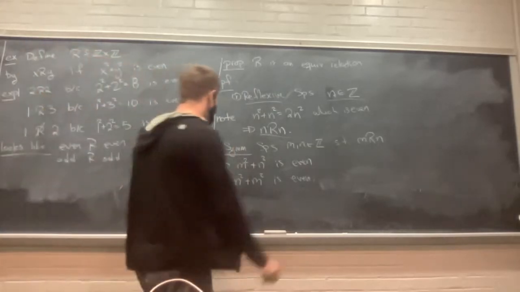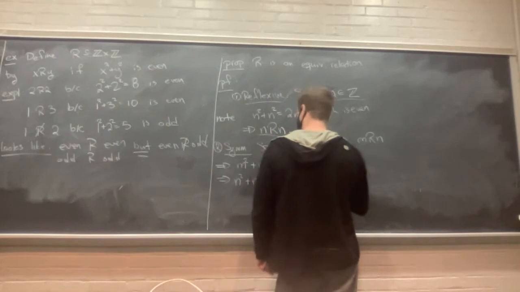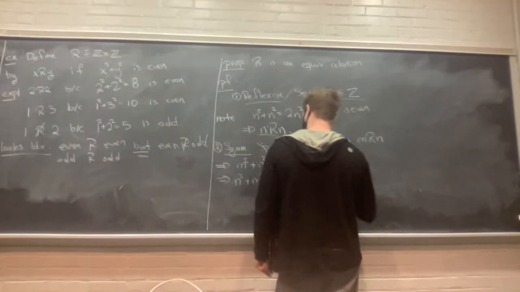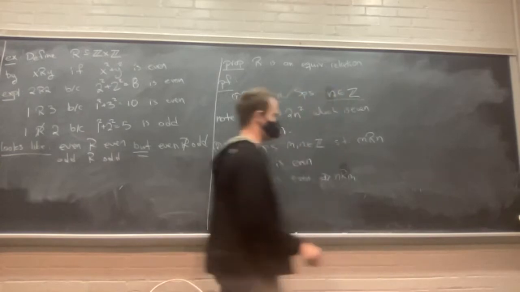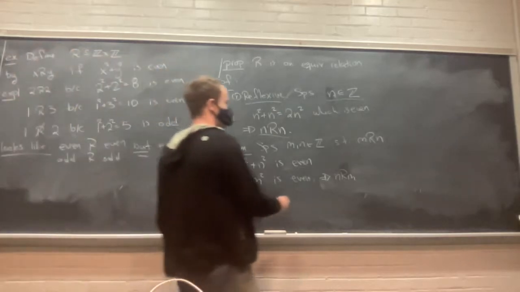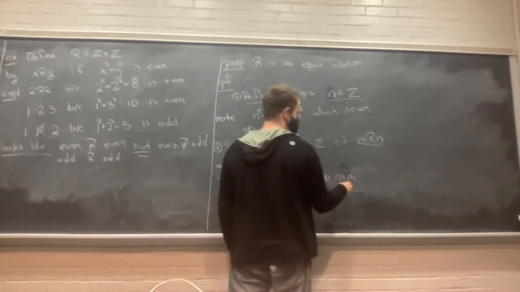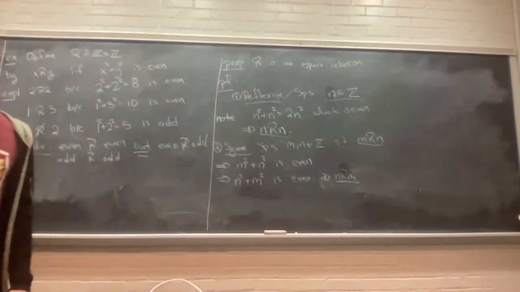But that means that n is related to m, which is what we want. So what did we do? We started with m is related to n, and we ended with n is related to m, which is exactly what we needed for symmetry.